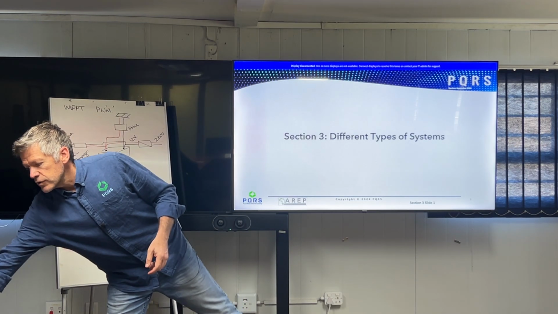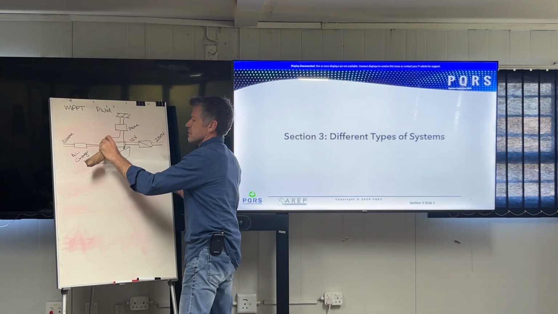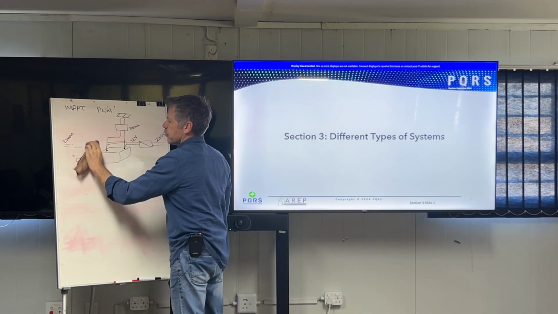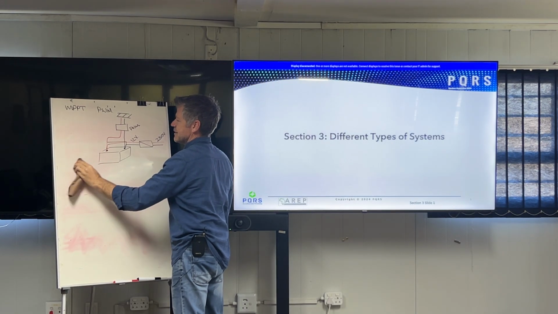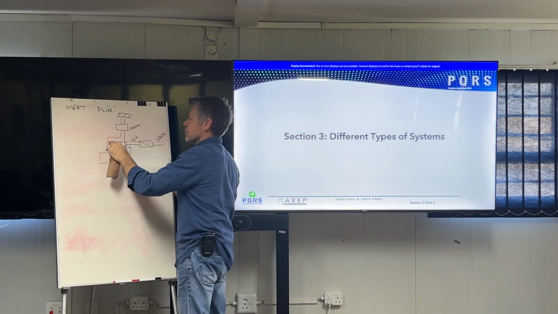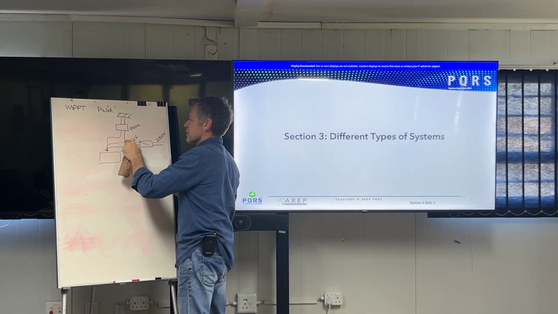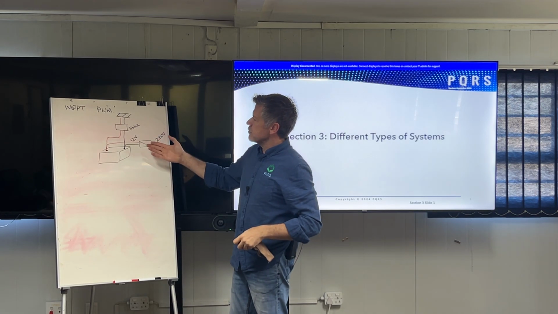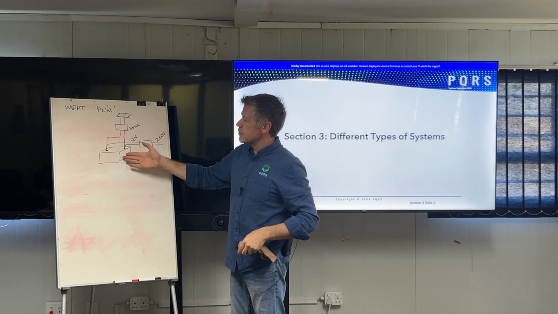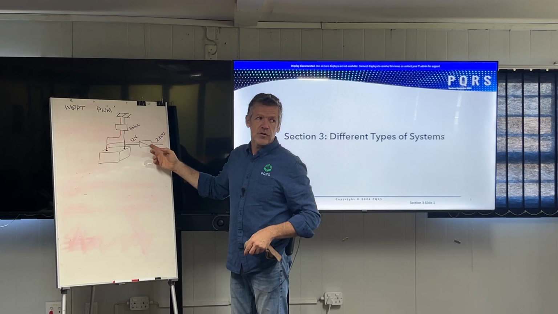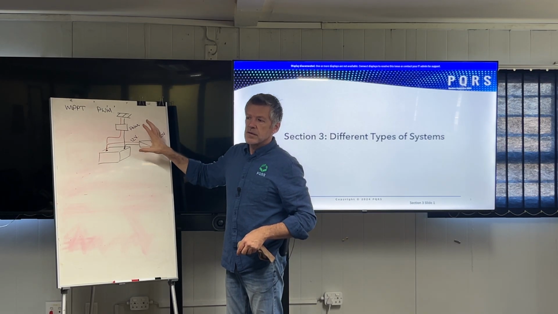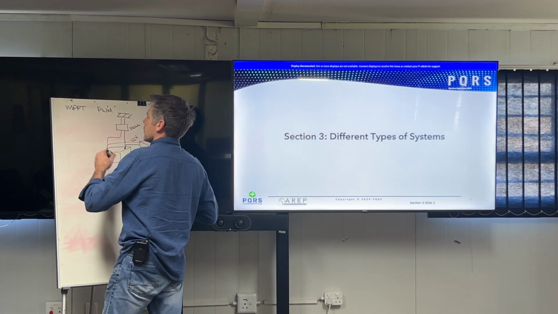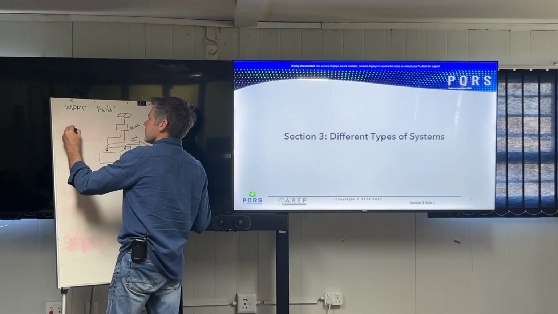So if we don't have a place to plug it in, that device is unnecessary because we are not going to be able to use it. So at the moment we just have the PWM charger and we have an inverter. This type of system we call off-grid.